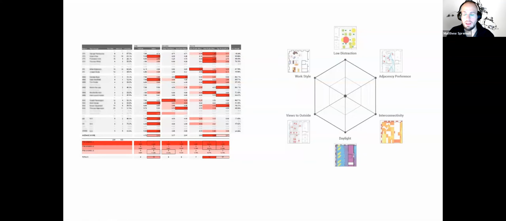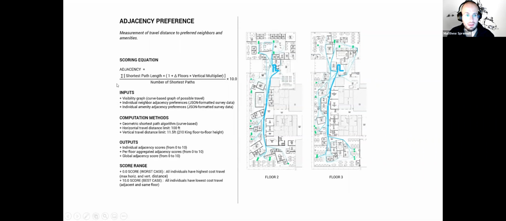Each of these goals needed to have a quantitative, numerical way to break them down. And so for each of these, we had an equation, a scoring equation that would then get normalized as a value out of 10 that we could score each design. So in this case, there were some inputs and there were some outputs going from a score from 0 to 10.